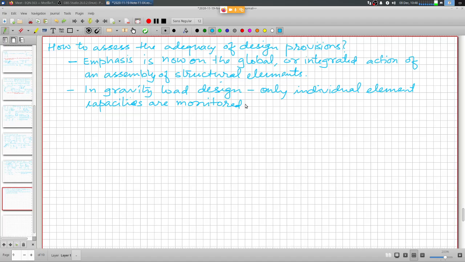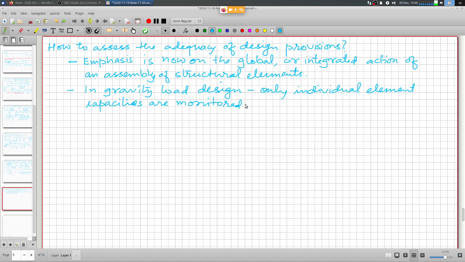But in the case of earthquake resistant design, it is the integrated action of the assembly of structural elements. Individual elements may be very ductile, but how they perform when combined together is very critical, because it is the combined action of the complete structure that has to withstand the earthquake, not the individual element, and that requires very stringent requirements and very stringent tests.